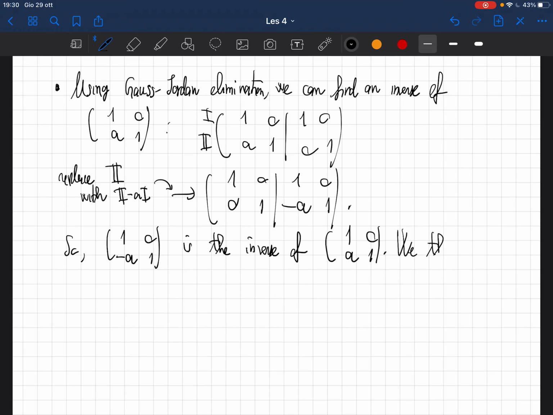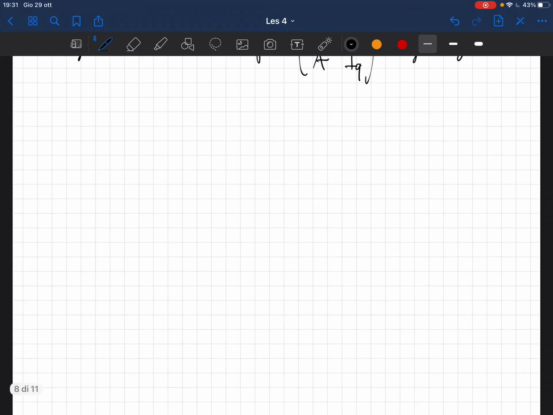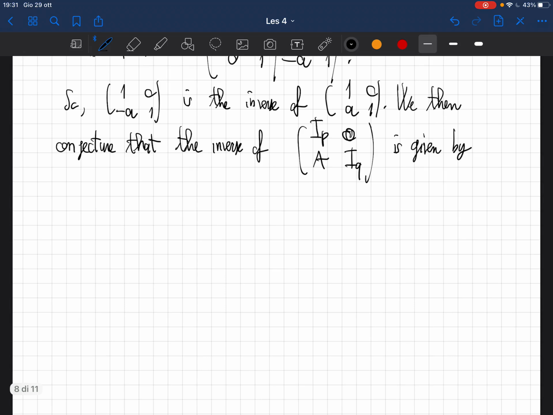We then conjecture that the inverse of this matrix, IP IQ A 0, is given by IP minus A IQ 0.